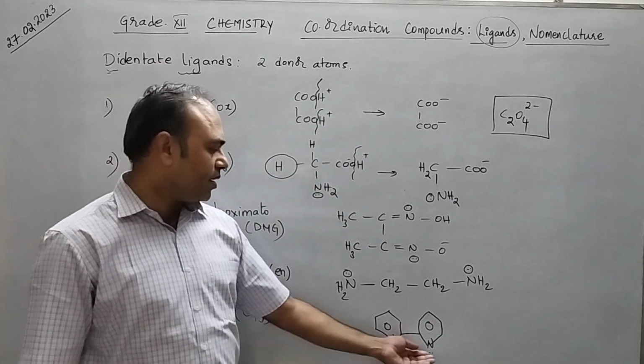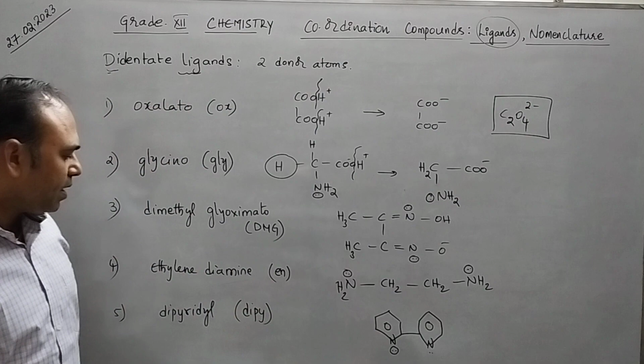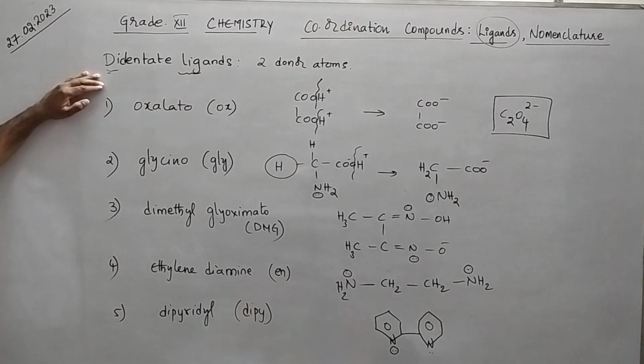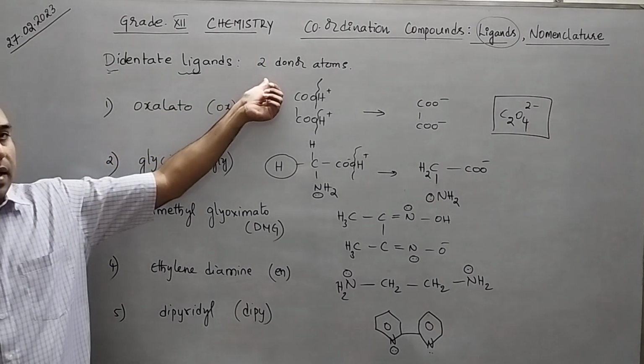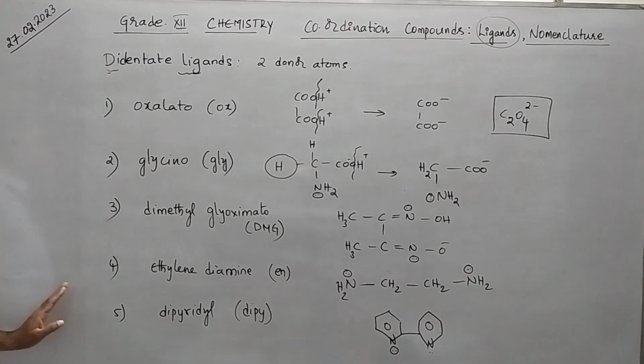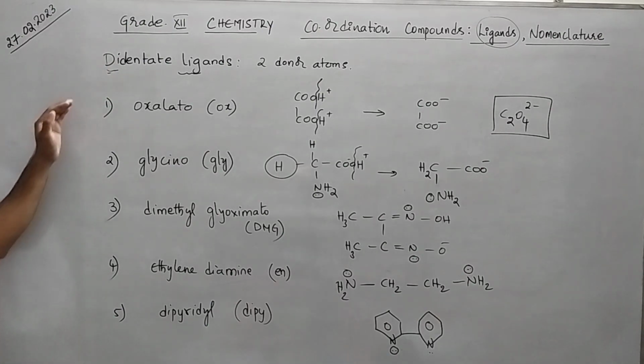So here we again have two donor atoms, hence the dipyridyl group can be considered a didentate ligand. Hope you have understood this. Any ligand which contains two donor atoms can be called a didentate ligand, and we have discussed 5 examples. Next, let's move to tri, tetra, penta and hexadentate ligands.